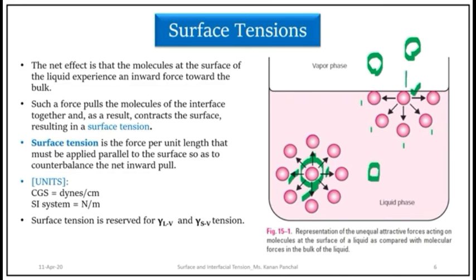Then the third one is unsaturation. The CMC is increased 3 to 4 times by the presence of a double bond when compared with the value for the analogous saturated compound. Then next, the hydrophilic group. First, the types of hydrophilic group.